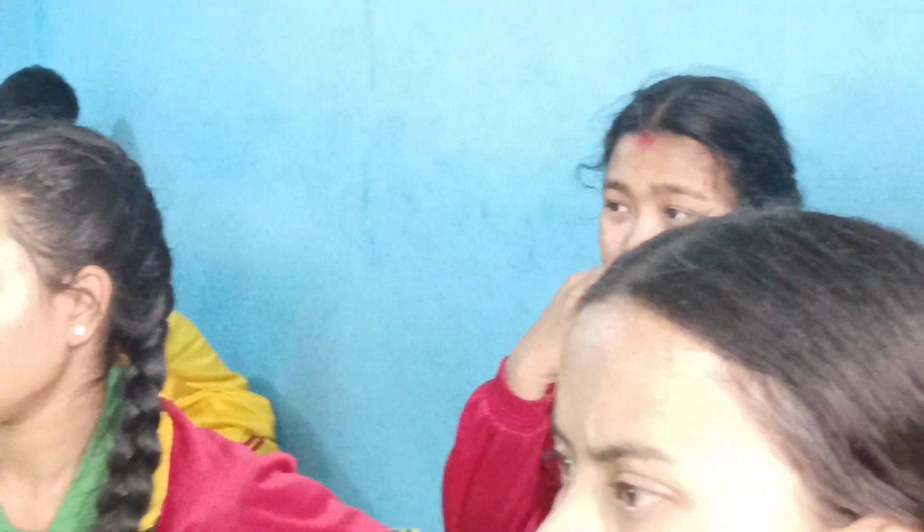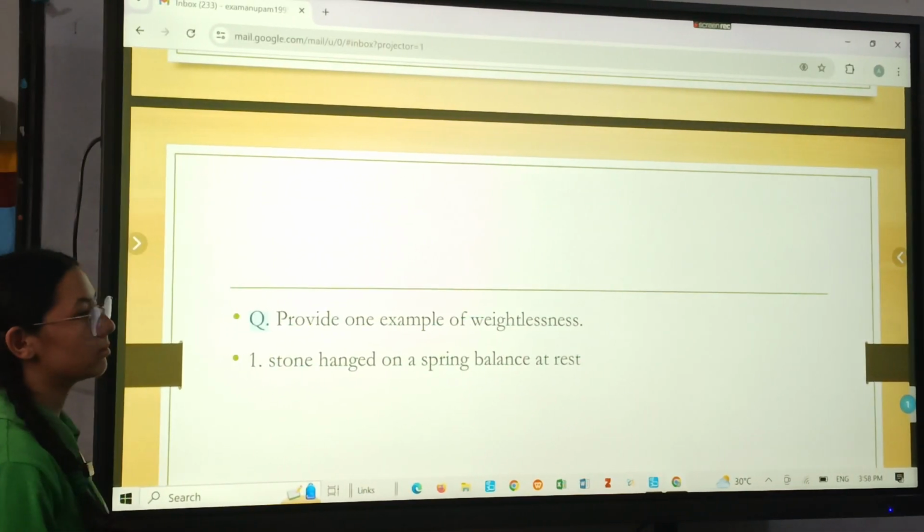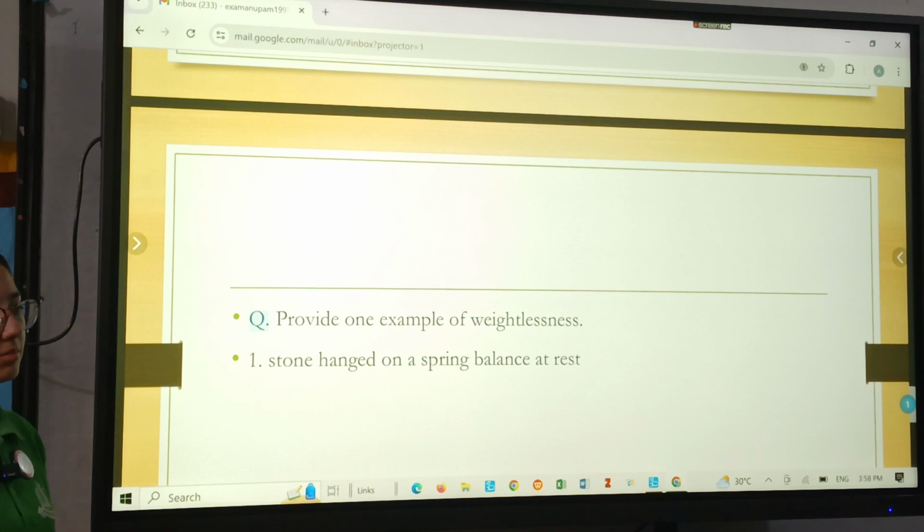Provide one example of weightlessness: a stone hanged on a spring balance at rest. What is weightlessness? Weightlessness is the condition in which the weight of the body is zero.